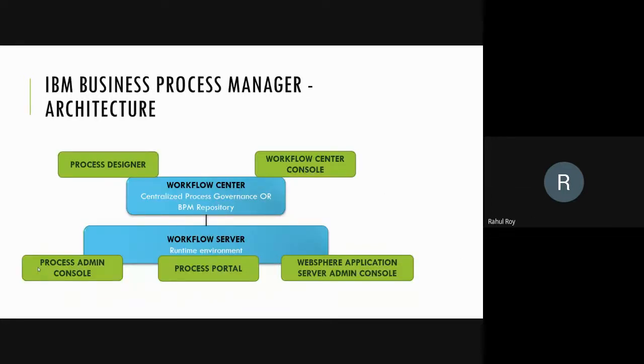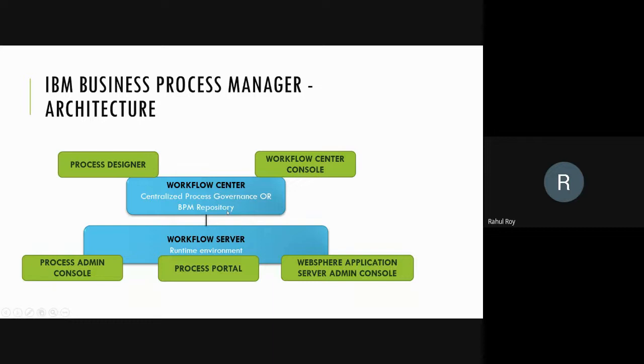Now we come to the architecture of IBM BPM, IBM BAW. This is more or less the architectural diagram of IBM BPM. We'll start with the native part, Workflow Center, which is the centralized process governance of the BPM repository.